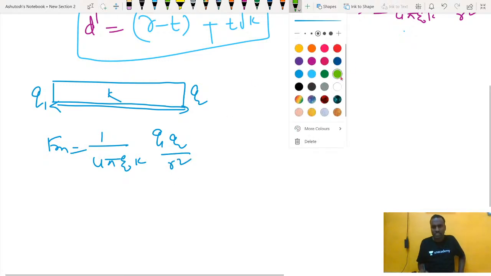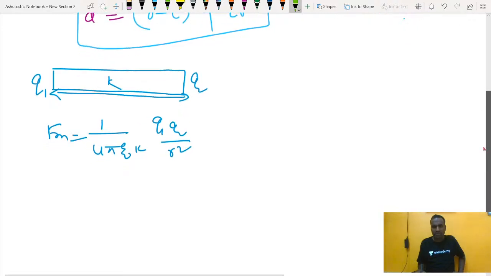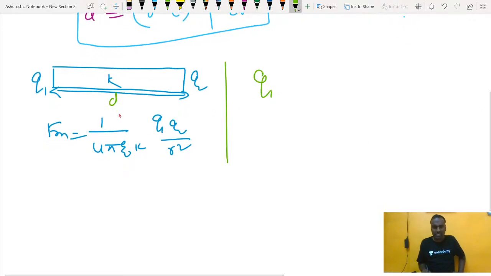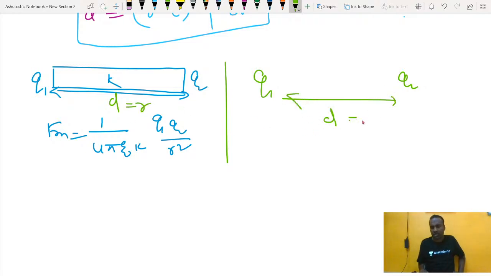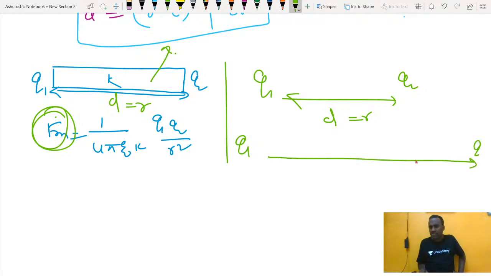Whenever free space is there at the same distance r, when I remove the dielectric constant, the force increases by k times, but I want to get the same force. So what do I have to do, students? I need to increase the separation. If I increase the separation, the force gradually decreases, since force is inversely proportional to distance square.